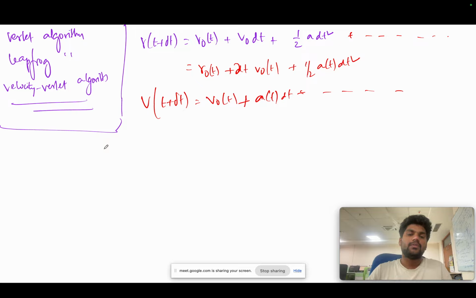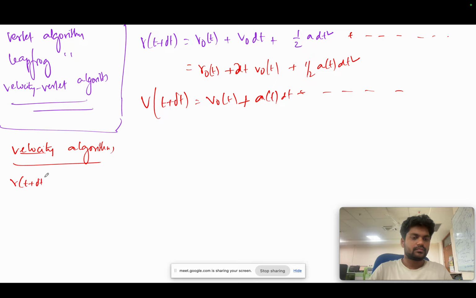So now how can we get r of t and v of t? First, if we take the Verlet algorithm, what he has done was, he has taken r of t plus dt, so it's nothing but r of t plus v naught dt plus, and he removed the extension terms, the higher terms.